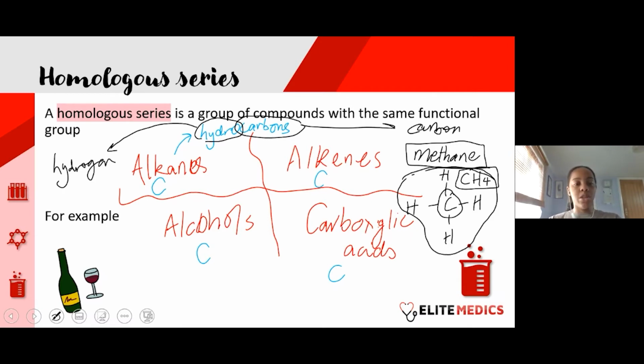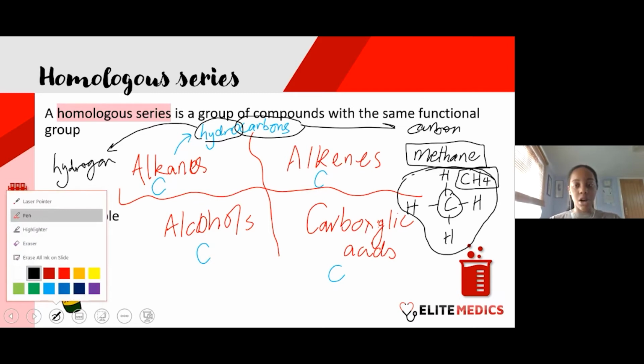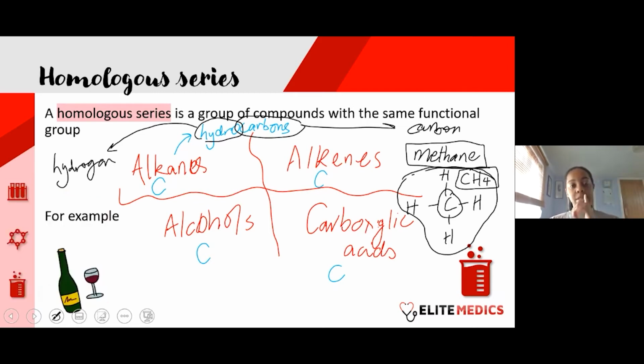Right, so we've established that alkanes are a group of compounds, a homologous series, okay, and they have the same functional group, aka they are made of hydrocarbons. A special feature of that is that the hydrocarbons are joined together by a single bond. What does that mean?